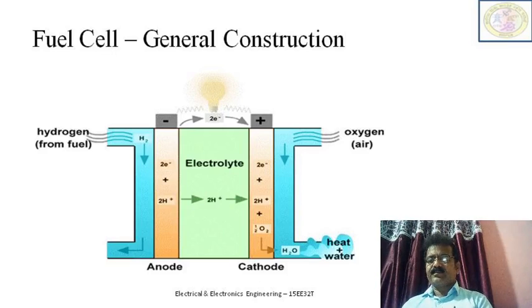Thus, the anode is left with a negative charge. Oxygen or air is fed at the cathode side, and oxygen ions move from cathode side to electrolyte through the porous electrodes. Thus, the cathode is left with a positive charge.